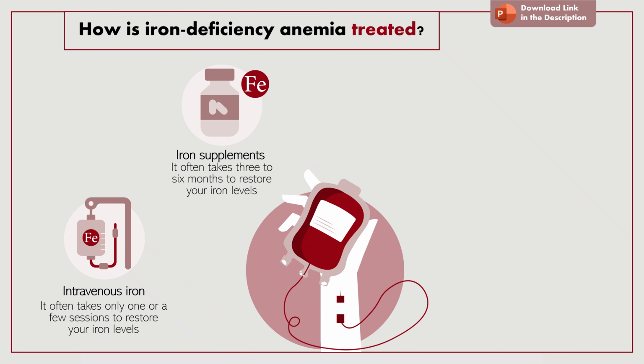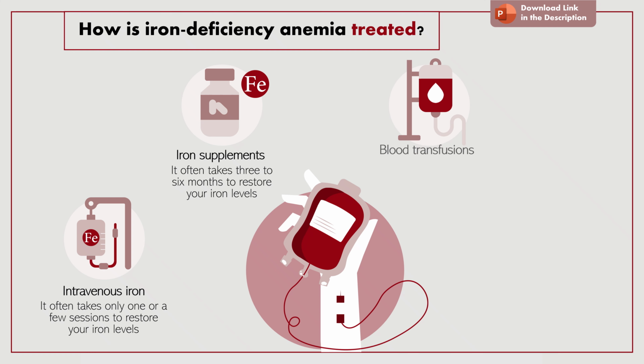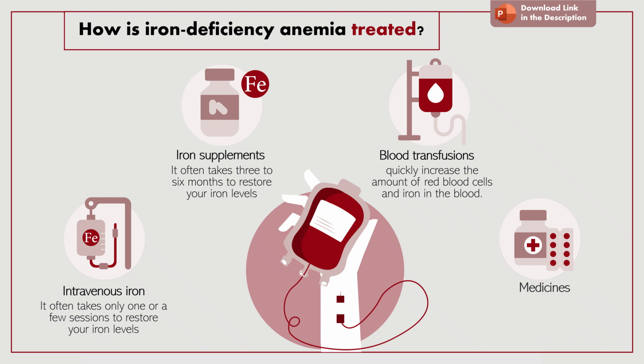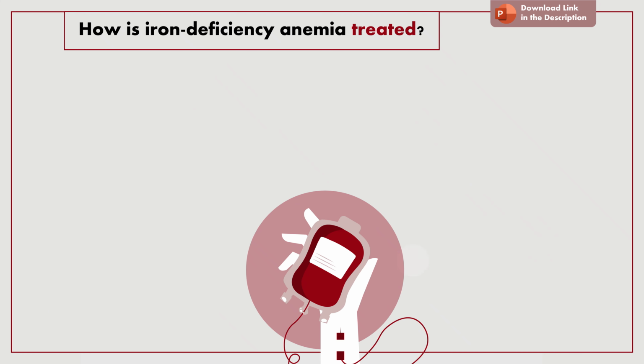Oral iron supplements remain first line for most patients, though 3 to 6 months of therapy are typically needed to fully restore iron reserves and hemoglobin levels. In severe symptomatic cases, blood transfusions provide immediate red cell mass improvement, while medications like erythropoiesis-stimulating agents may be adjunctively used to boost marrow production when inflammation complicates recovery.